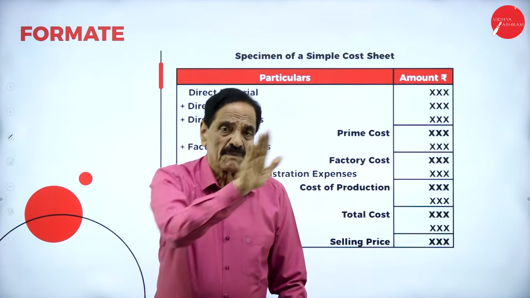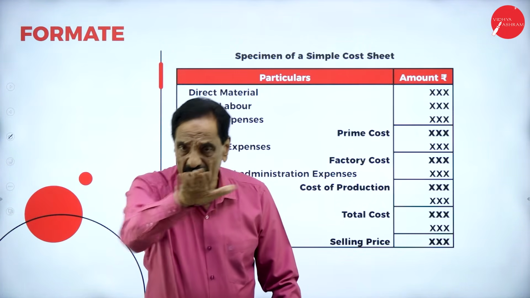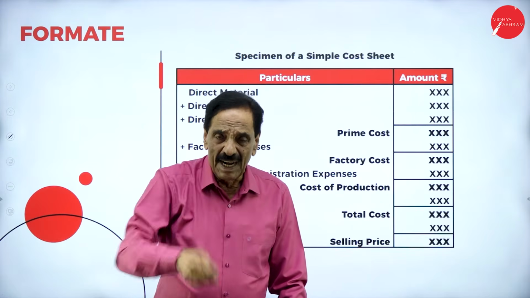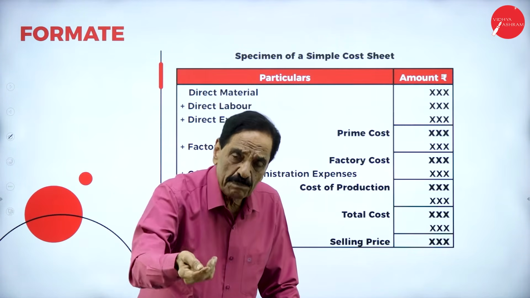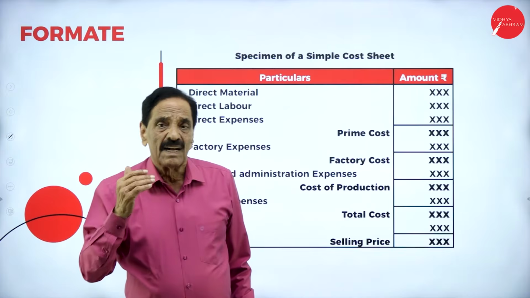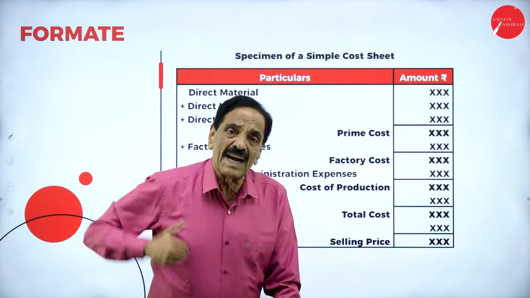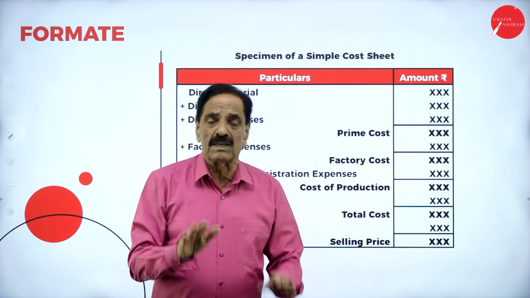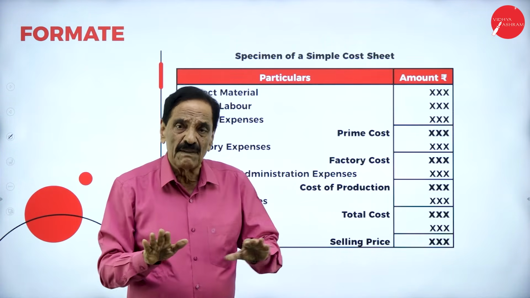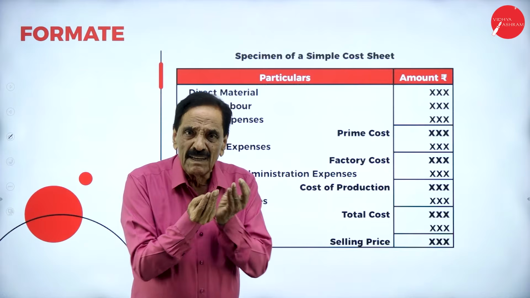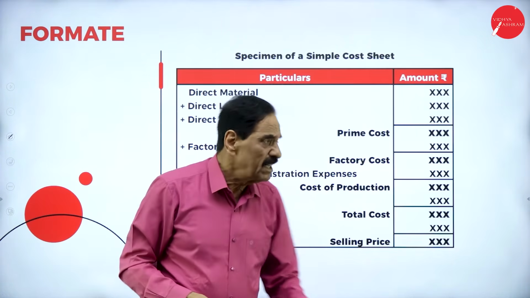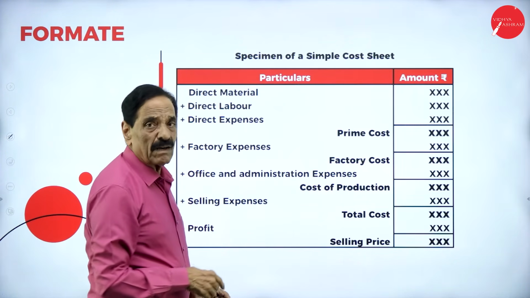Direct material, direct labor, direct expense is the prime cost. Add factory expenses, it becomes the factory cost. Add office and administration expenses, it becomes the cost of production. Add selling expense, it becomes the total cost. Add profit, it is the sale. This is a small specimen, an ordinary or simple cost sheet.